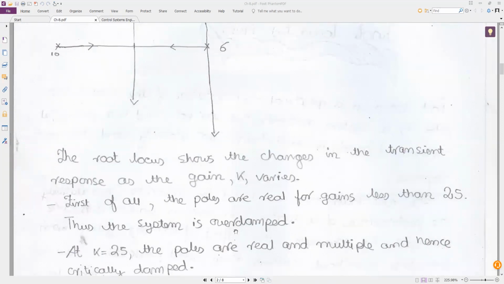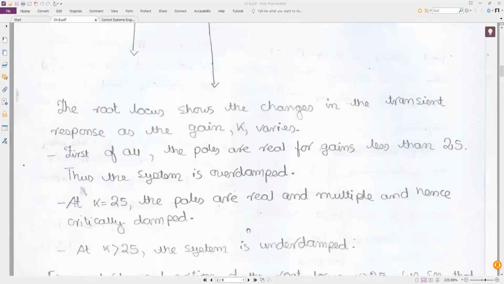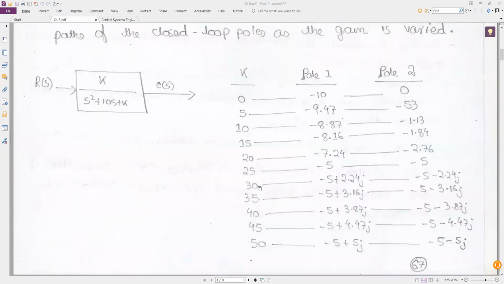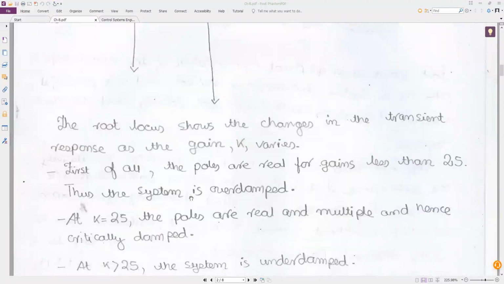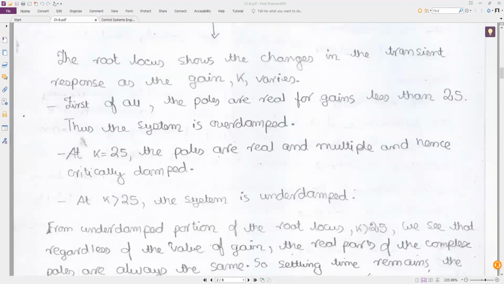Thus the system is overdamped. At K equal to 25, poles are real and multiple, and hence critically damped. At K greater than 25, the system is underdamped because the poles become imaginary.